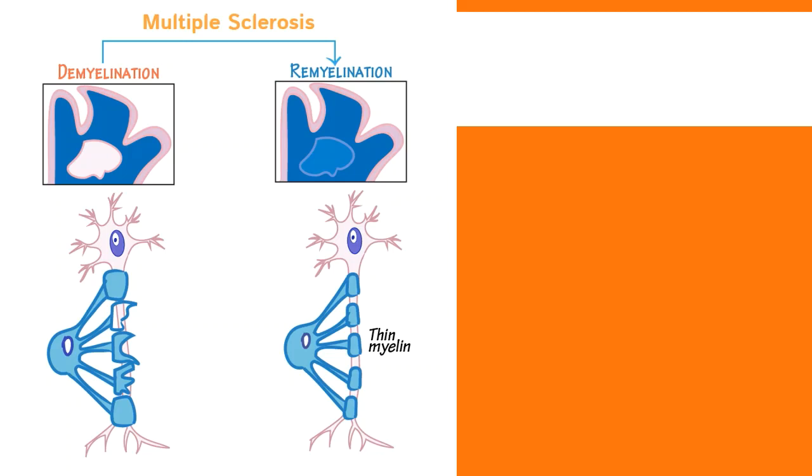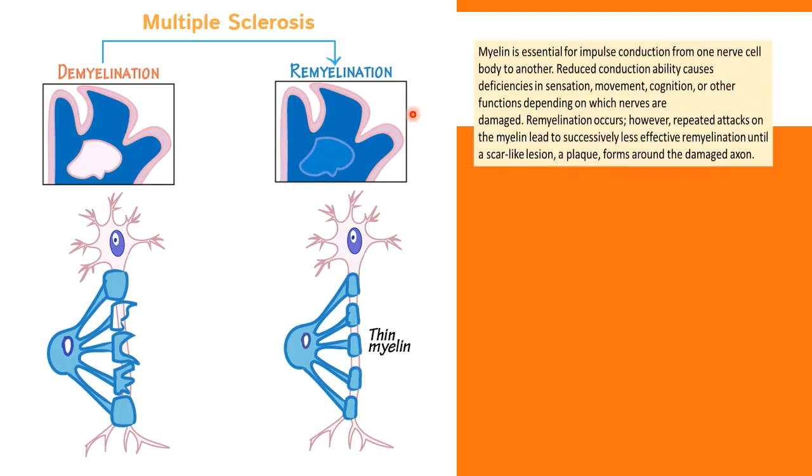Now, multiple sclerosis involves the characteristic demyelination, but it must be noted that there is also a remyelination that goes hand in hand. Okay? Myelin, as we all know, is very essential for the impulse conduction from one nerve cell to the other.